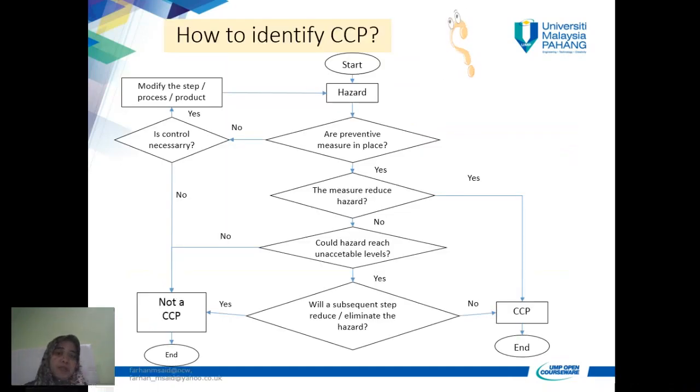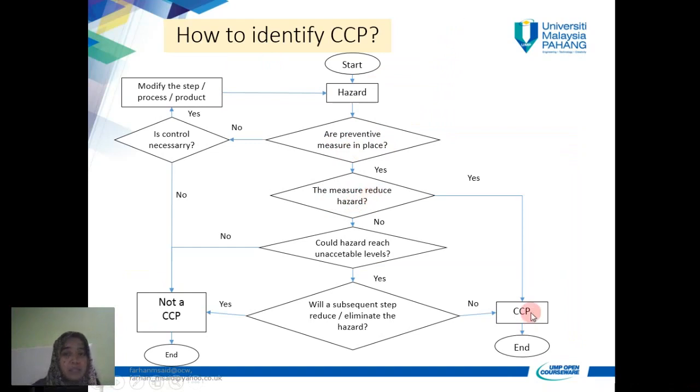Okay, so how to identify that the hazard is critical? There is what we call a decision tree. So first of all, for example, there is a hazard. Then you identify whether preventive measures are in place. So if yes, then can the measure reduce the hazard?